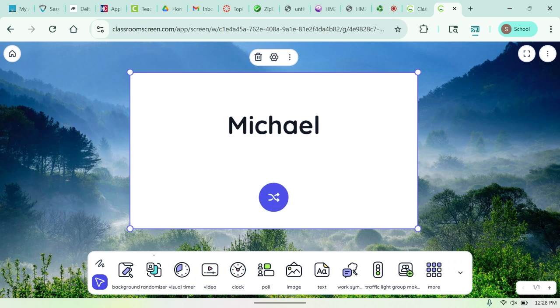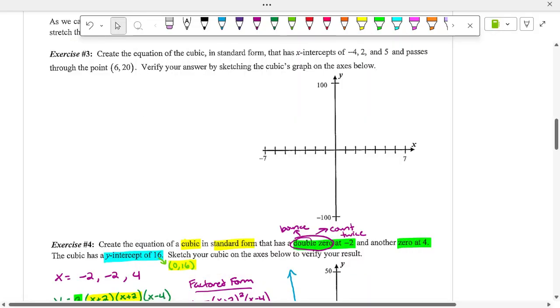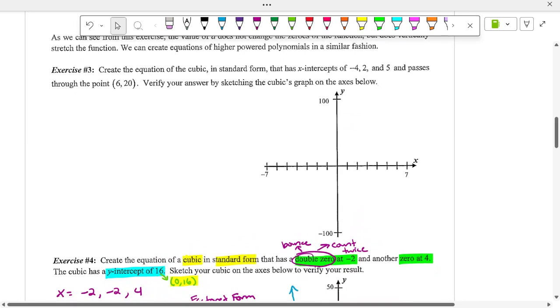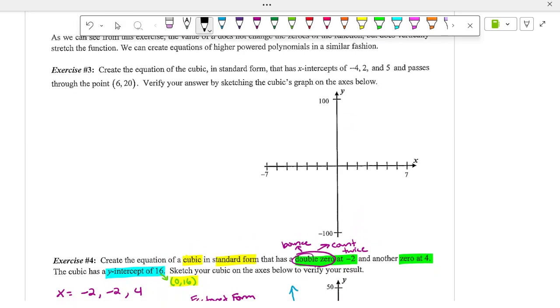Michael, how would I rewrite my 3 roots as factors? x plus 4, x minus 2, x minus 5. Good. So there's my unfinished factored form. Michael, pick on someone to do the next step for me.